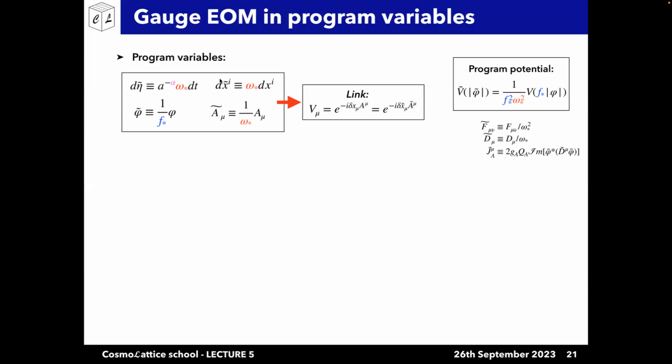This makes sense because we are introducing an omega star in the partial derivative and an omega star in the gauge field component. And then the covariant derivative introduces an omega star, and the current has the same expression. So the current in program variables does not include an extra factor.